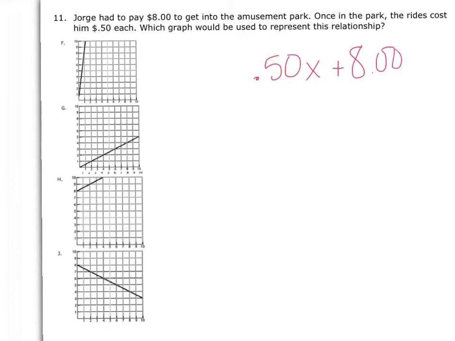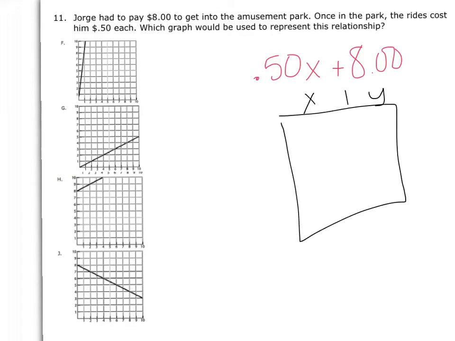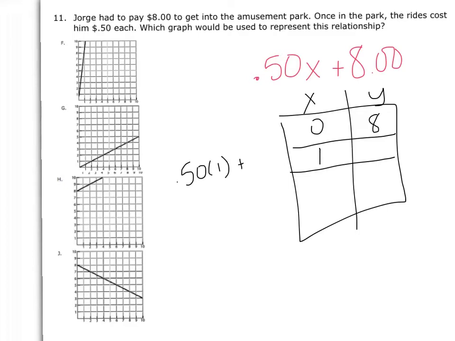So there's my equation. So to figure out some points, we could make our XY table. So we know if he rides 0 rides, and we put a 0 where the X is, it's just going to cost him the $8 to get in. If he rides 1 ride, it'd be 50 cents times 1 plus that $8 he had to get in.